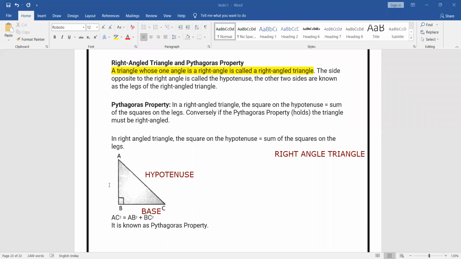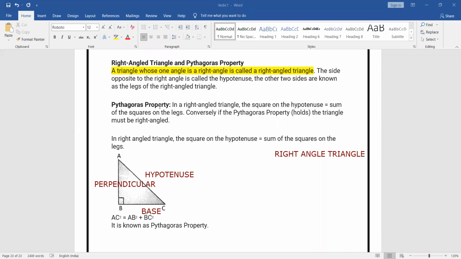This AB, we say it is perpendicular. AC is hypotenuse, BC is base. So these are the terms for a right angle triangle.